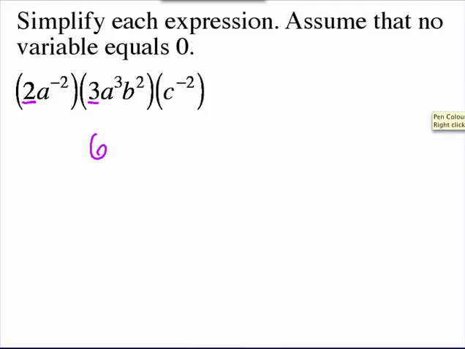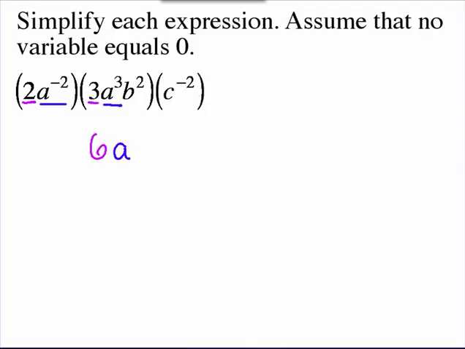My next variable here is a. I've got an a here, and I don't have an a in the last one. So I've got an a to the negative 2 and an a to the positive 3. What's the net result going to be? A. Yep, a to the first, or just a, because negative 2 plus positive 3 is 1.